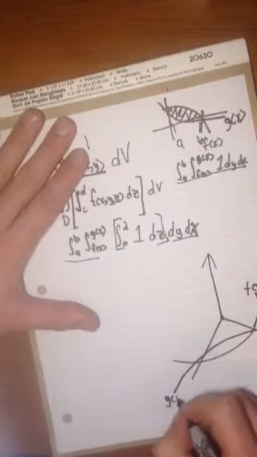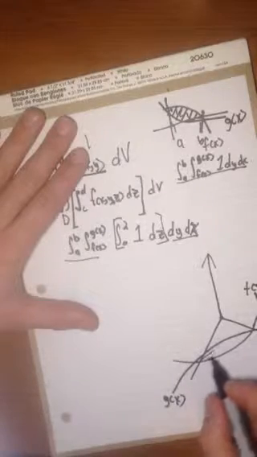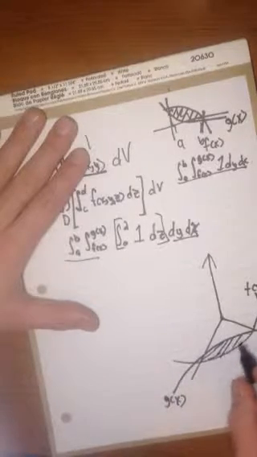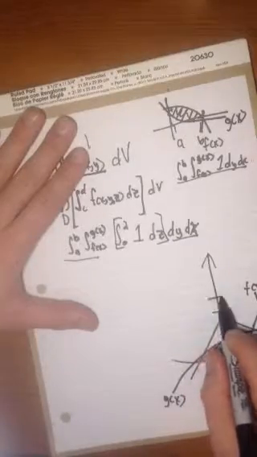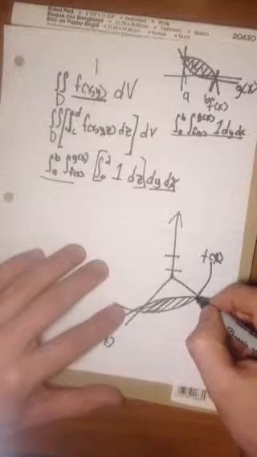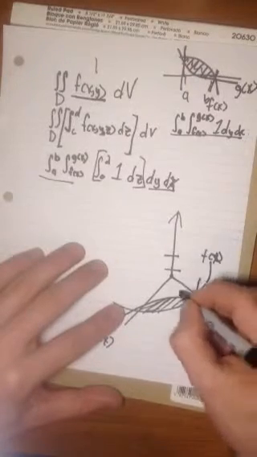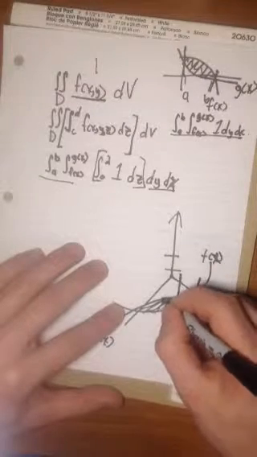This is g of x. Now we're going to go from z equals 0 to z equals 2. So now we're going to raise this up by 2 all the way around.